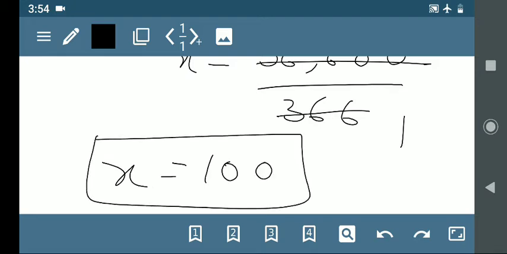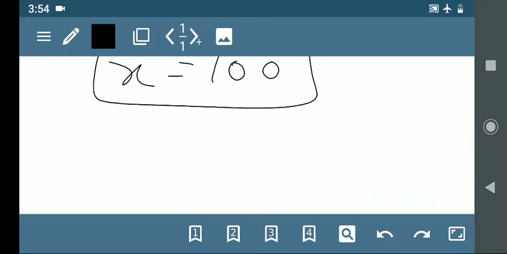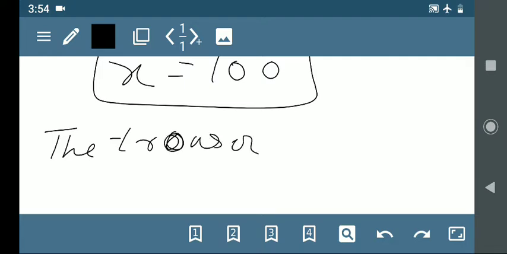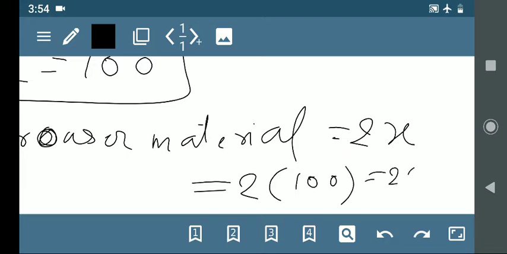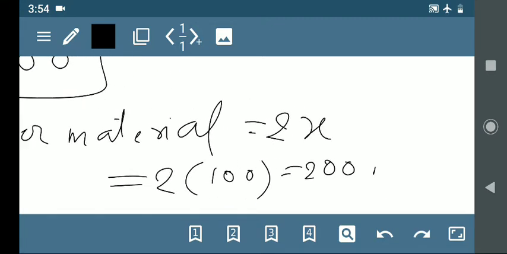So what is the pant material he bought? The trouser material he bought is equal to 2x, which is 2 times 100, equal to 200 meters.